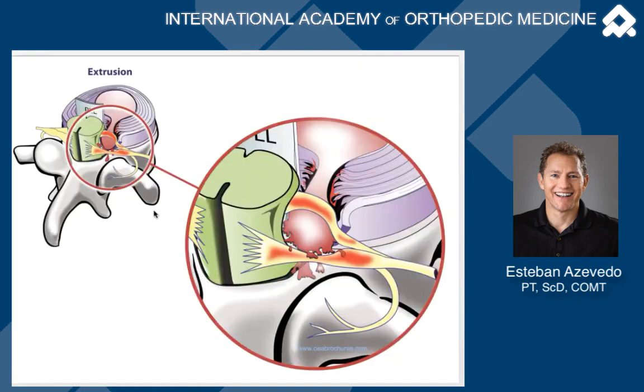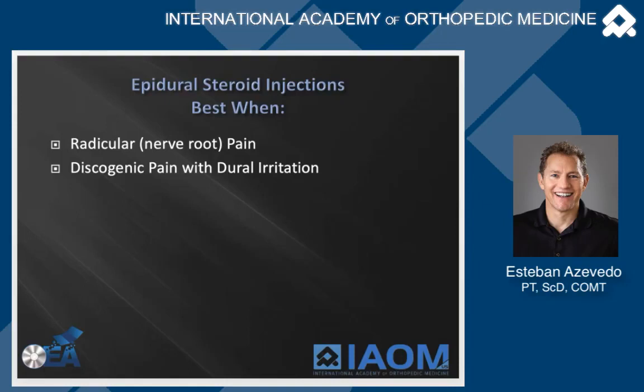So, when do epidurals work best? They work best when you have radicular or nerve root pain, or discogenic pain. The disc is causing pain of the dura, the covering of the spinal cord and nerve root. That's when it seems to work best. If you just have some disc pain, it might work, maybe not as well. If you have joint pain, like the facet joints, it tends to not work as well.